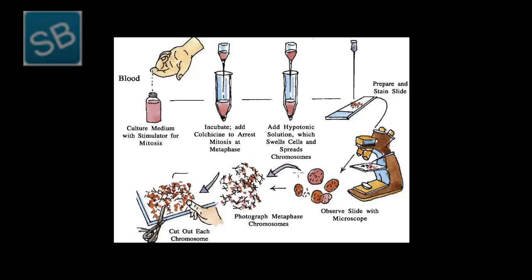Thus, these swollen chromosomes can be studied regarding size, shape, structure or any other property. Through the study of karyotype, we can collect information regarding each chromosome. Here, human disorders caused due to abnormalities in the chromosome can also be discussed.